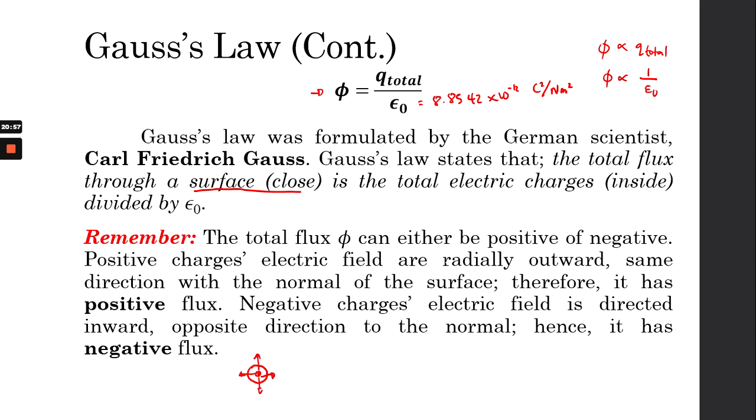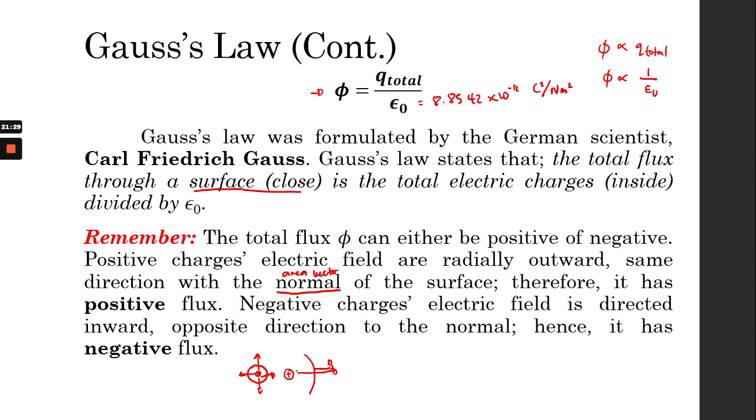And interestingly, since it is radially outward, it has the same direction as the normal. Remember what normal is? This is your area vector. So it has the same direction. If this is my sphere, and this is my electric flux coming from the positive charge, my area vector has the same direction as the electric flux, which tells me that the electric flux is positive because they are in the same direction.